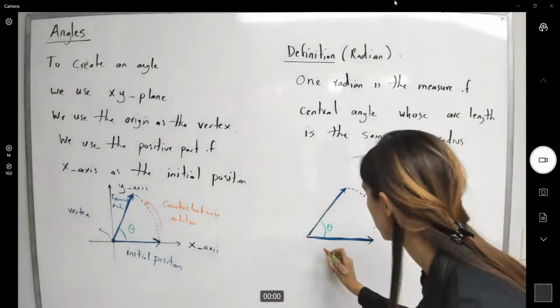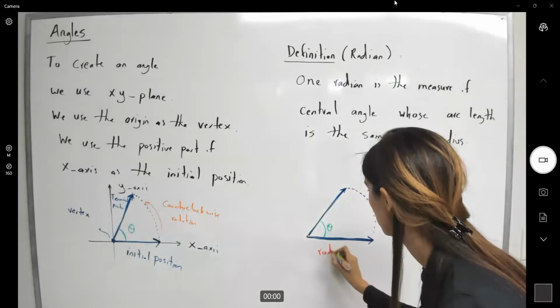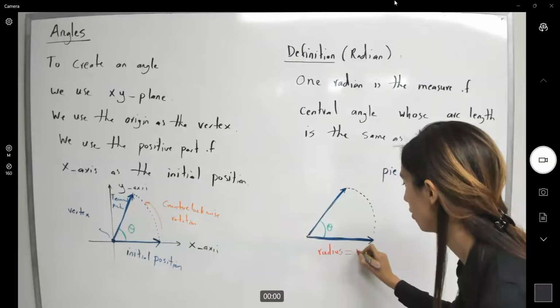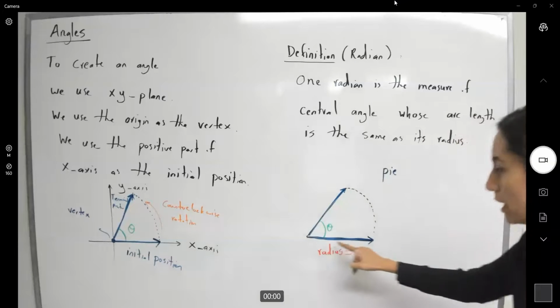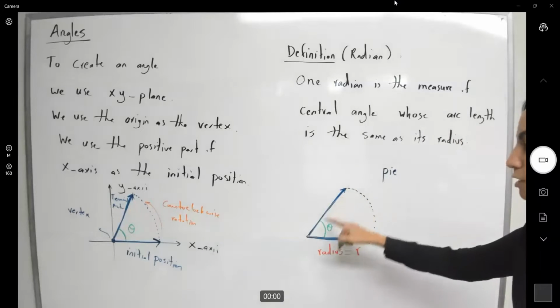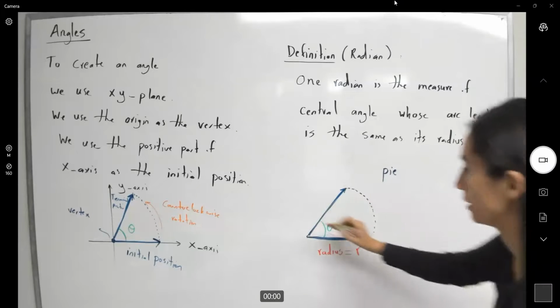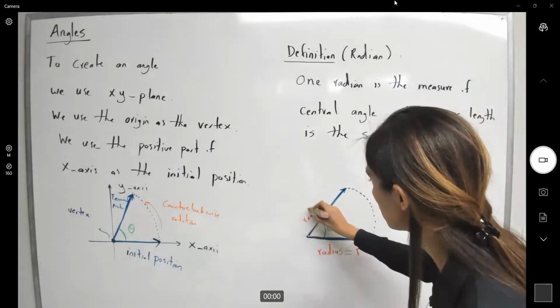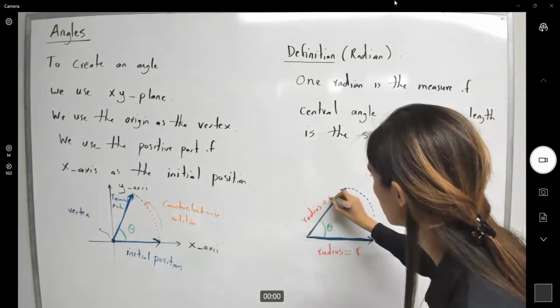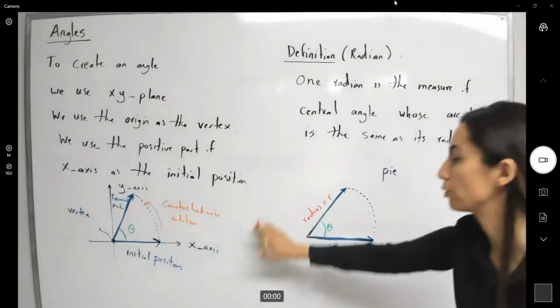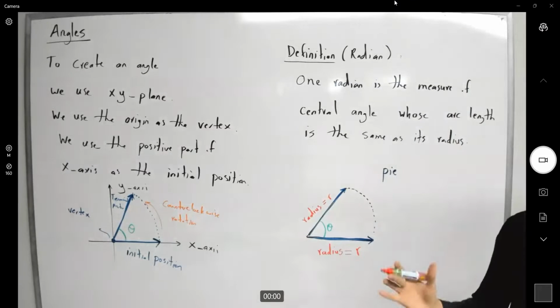So let us label this. This is my radius, which let us denote by R. The radius for the vector or for your ray is going to be the same here and here. Remember that if you keep rotating this arrow, you are creating a circle.